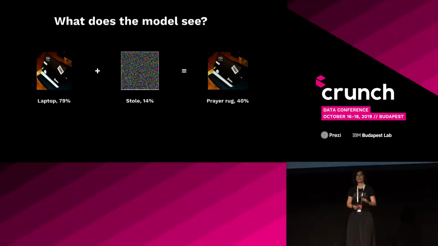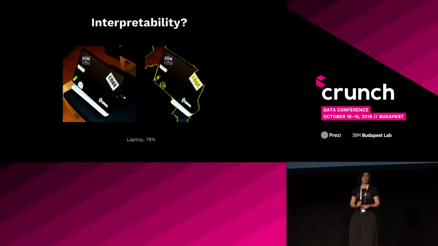Okay, that's step one. Step two is saying, okay, what is my model looking at when it looks at this adversarial sample? Because if one of the possible explanations was that neural networks pick on features that I'm not seeing, I should be able to probe it and ask it, okay, what are you looking at when you see my images? And there are tools that can help you do that.